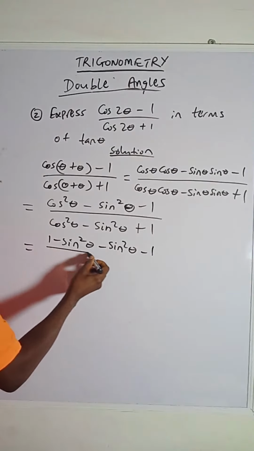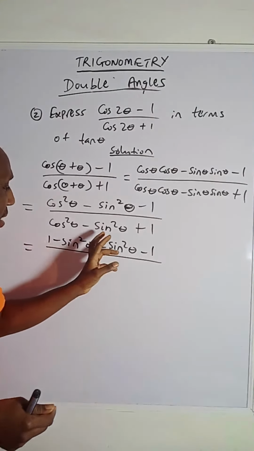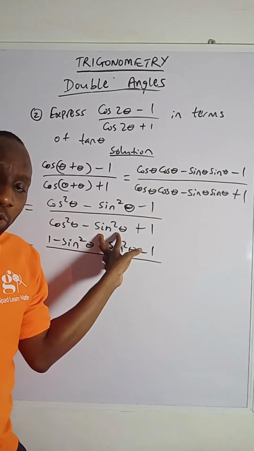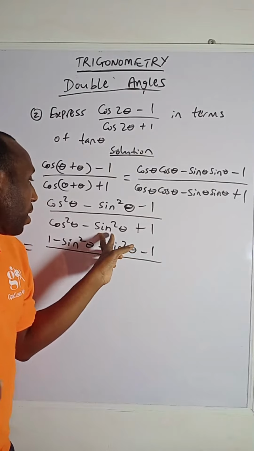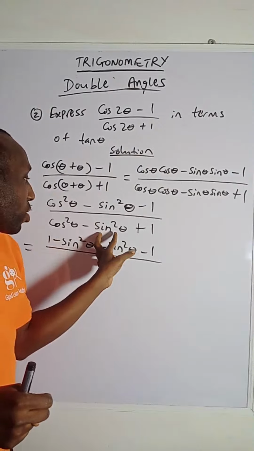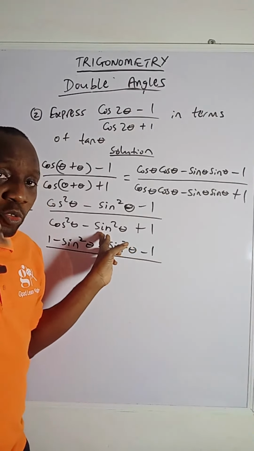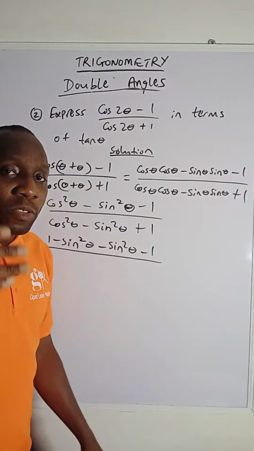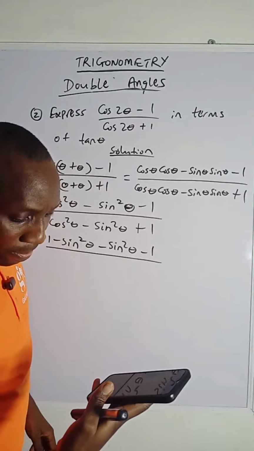Okay? All divided by what? But again, we have to change sine square theta to cos square theta. For you to do that, it will be 1 minus cos square theta. Are you with me? Let me have your feedback here.